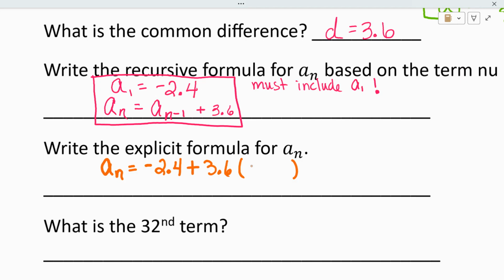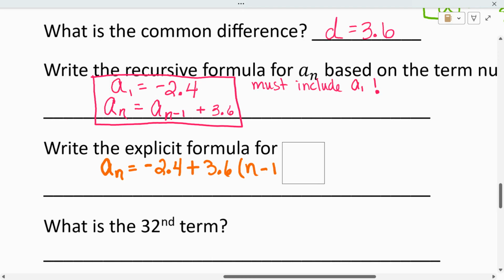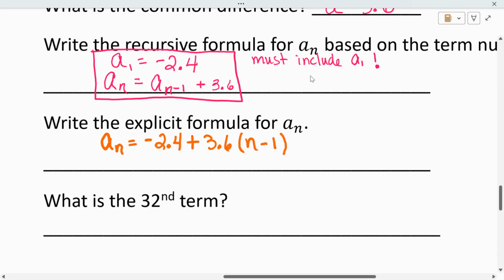So if n was 7, I would need 6, which is n minus 1. Okay, n minus 1. And we're going to leave it just like that. We're not going to turn it into something that looks like a linear function, y equals mx plus b. We're just going to leave it like that.